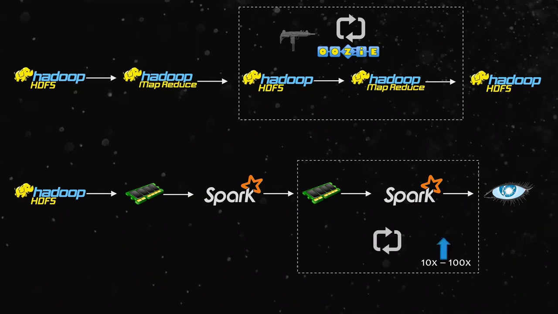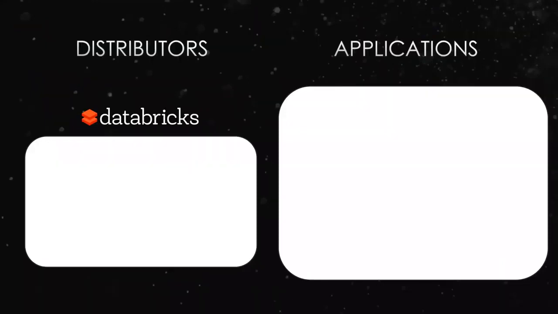So in lot of the benchmarking tests and all, it was found that Spark programs run at least 10 times faster than MapReduce, and in many cases up to 100 times faster than MapReduce. So that is the speciality of, let's say, MapReduce and Spark comparison.